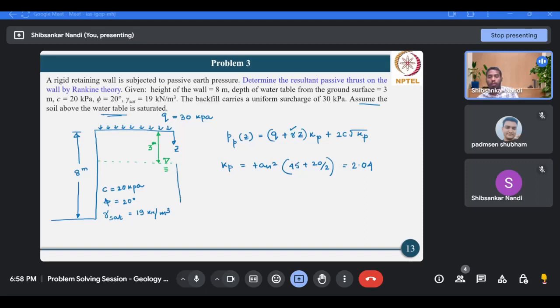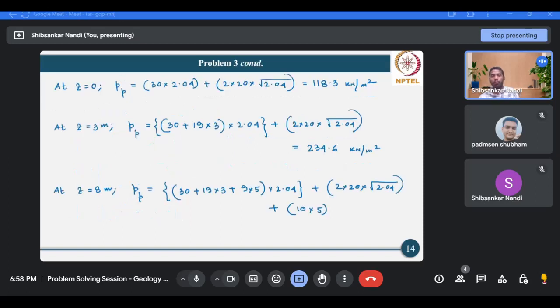This dimension is 5 meter, 8 minus 3. So first two components, 30 plus 19 into 3 plus 9 into 5, into 2.04 plus the cohesion term, so it's 326.4 plus 50, that means 376.4.